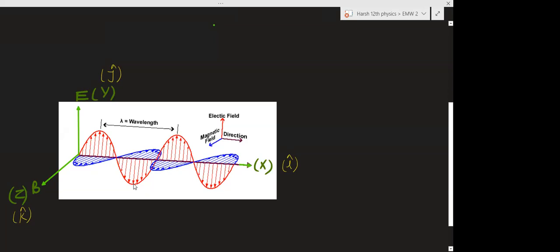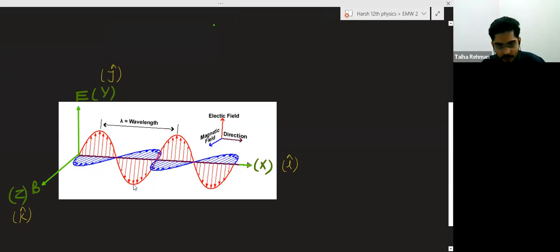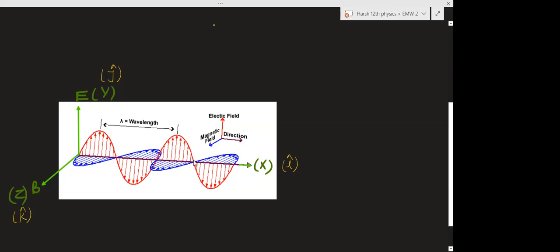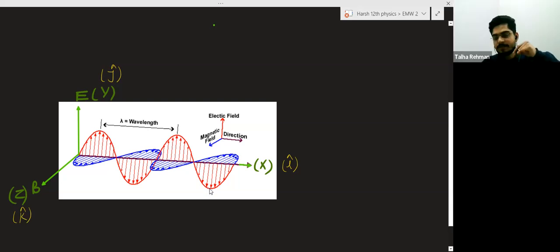Now from here the electric field decreases to zero in the negative direction. And again from here to here the electric field is increasing in the positive direction, and then decreasing and becoming zero. And from here to here the electric field is increasing in the negative direction and becomes maximum, and then decreases to zero in the negative direction.